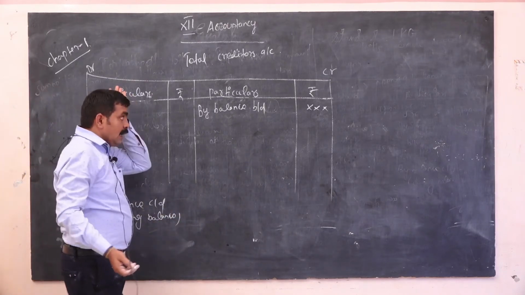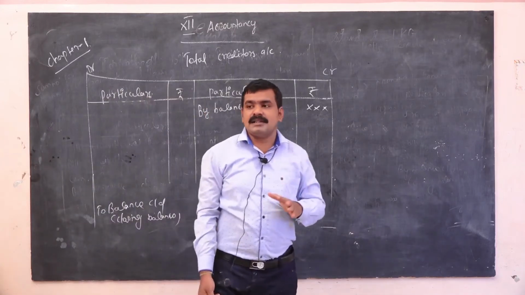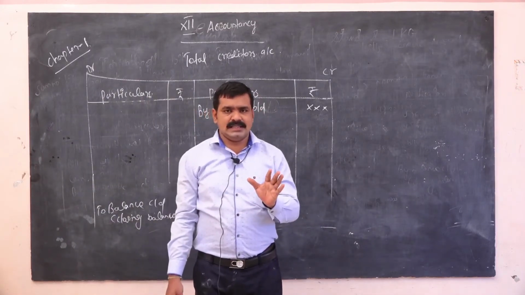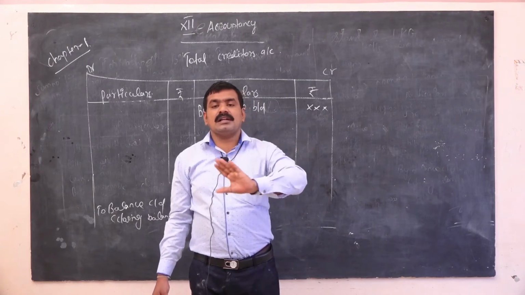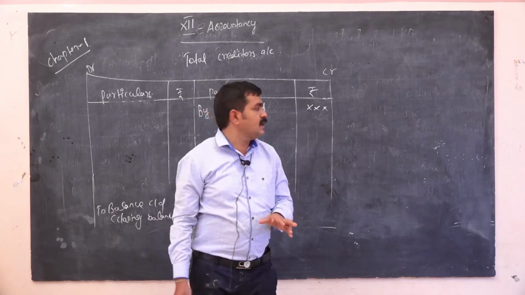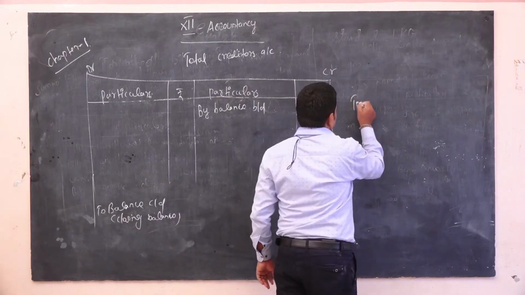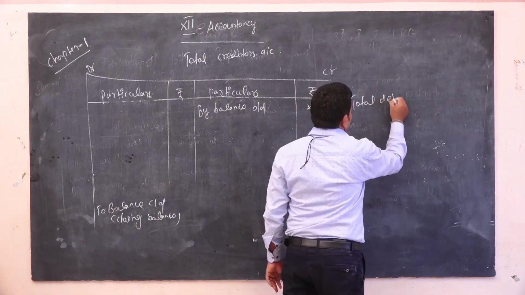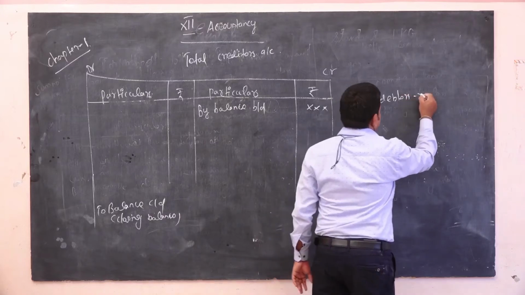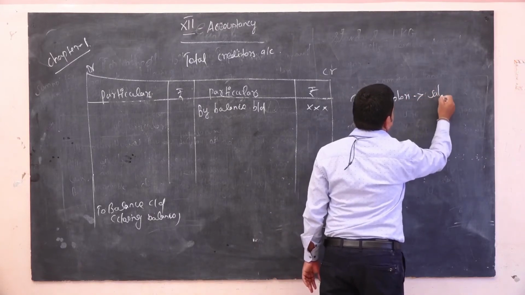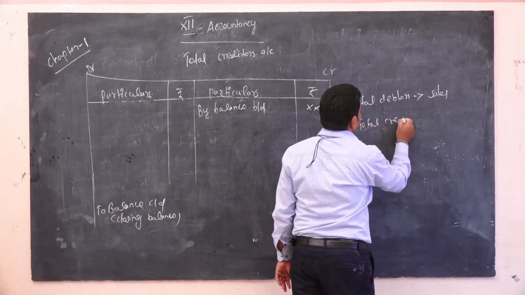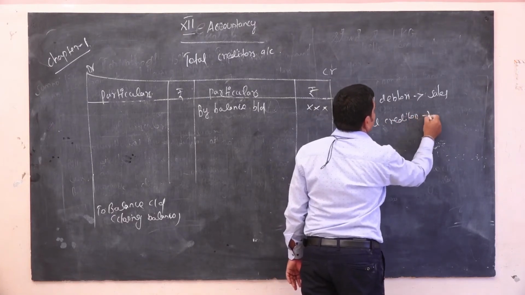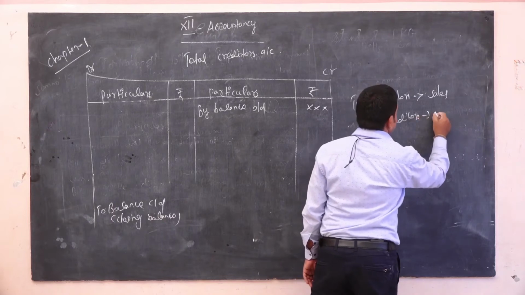So, total debtors account is related to sales, total creditors account is related to purchase.